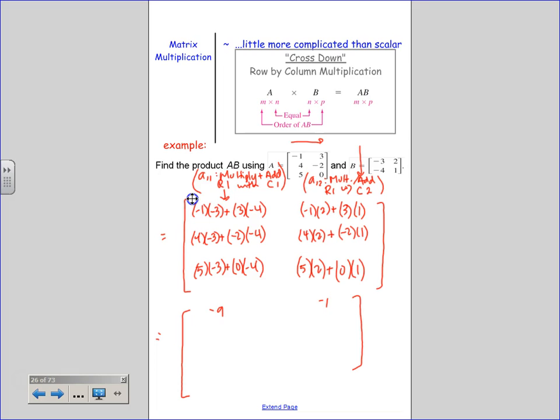Now we have it written out, but can you guys get to the second row, first column by doing the second row, first column? -12, 4 times -3, -12 plus 8. -12 plus 8 ends up being -4. And then 8 minus 2 ends up being 6.